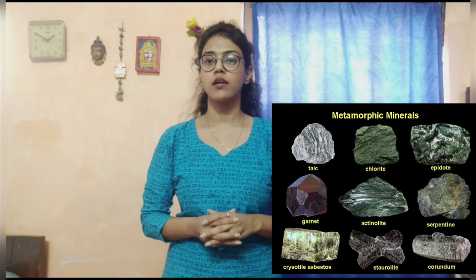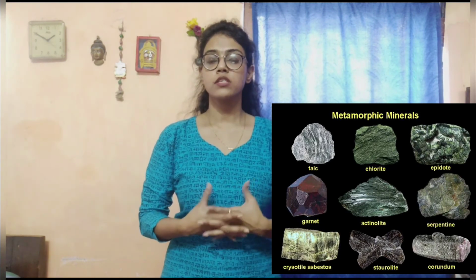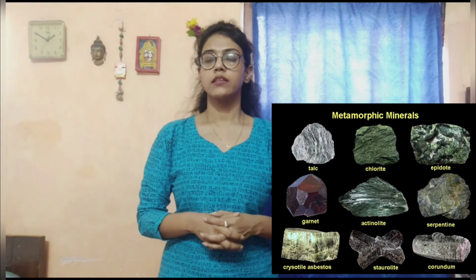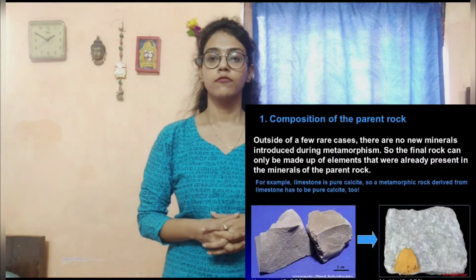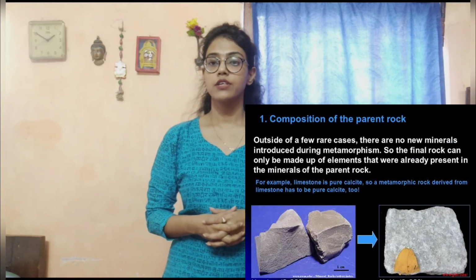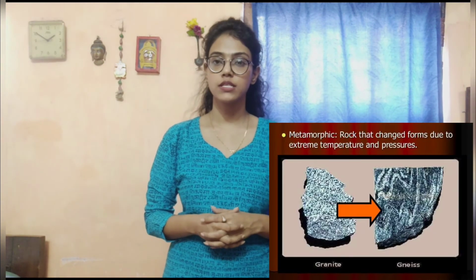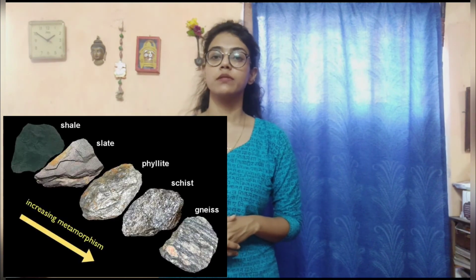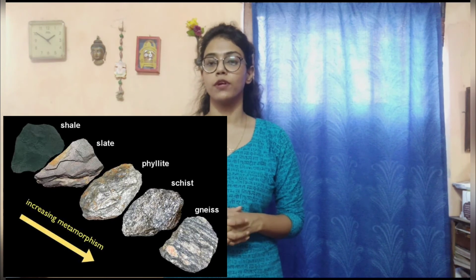These metamorphic rocks are very hard, because in the process of metamorphosis the original minerals get altered and new minerals are formed. Examples are limestone to marble, granite to gneiss, and basalt to schist. These are commonly known metamorphic rocks.